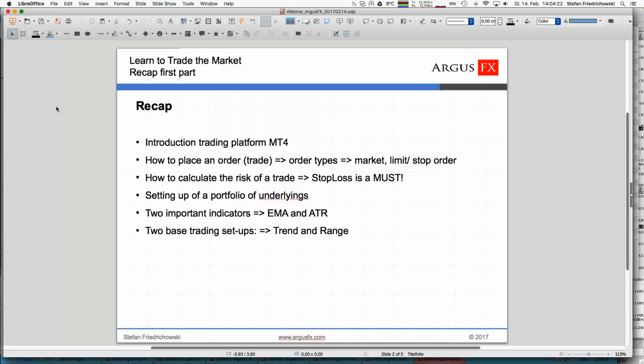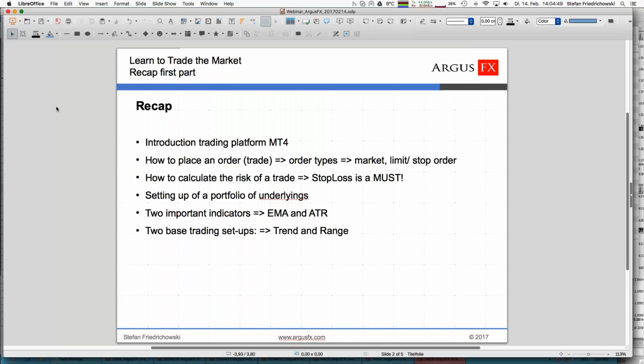MT4 is our trading platform of choice. That means we need something to communicate in order to place trades, to open trades, to manage trades, and even to analyze our specific underlyings of interest. And all those things we do with the trading platform MT4, which is quite common in that market.